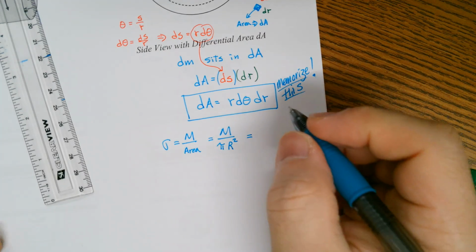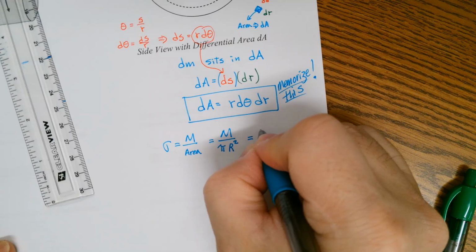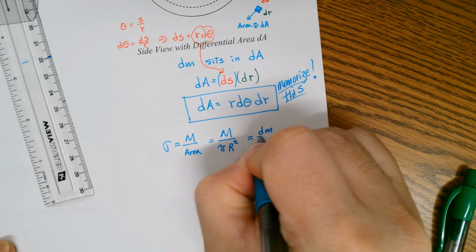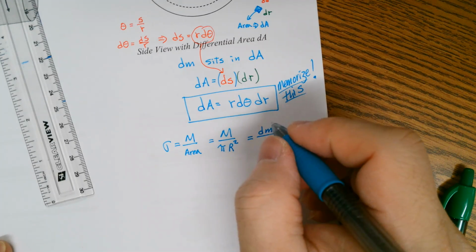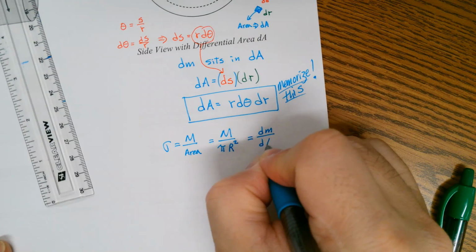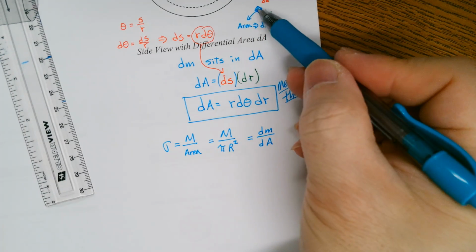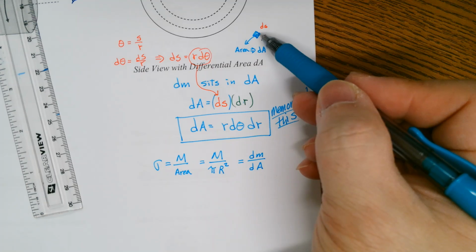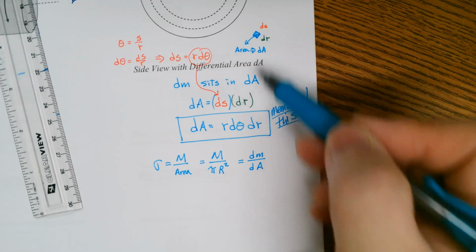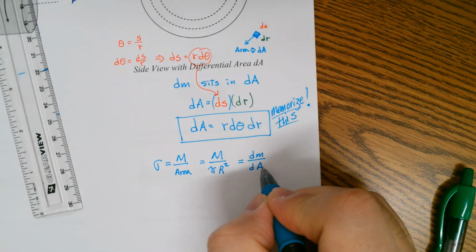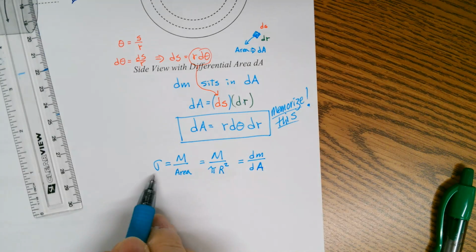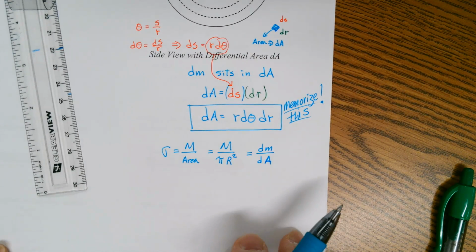That is the same proportion as if I were to look at dm over dA. So this little tiny dm over this area dA should be exactly the same proportionality because of uniform density.